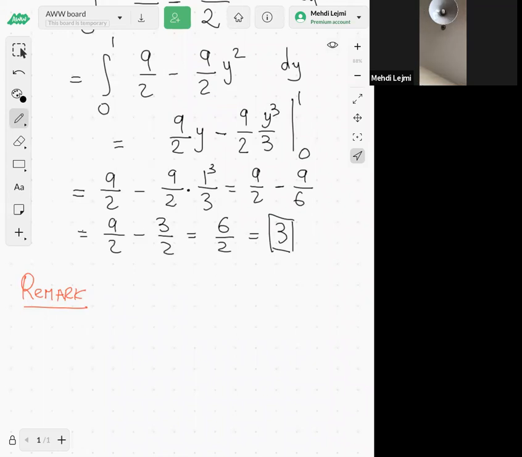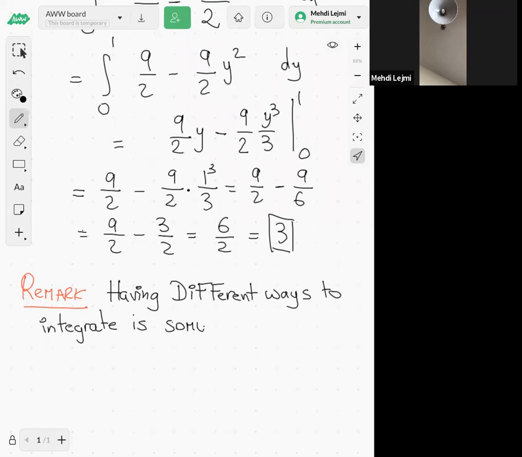So the remark here is that having different ways to integrate is sometimes useful.